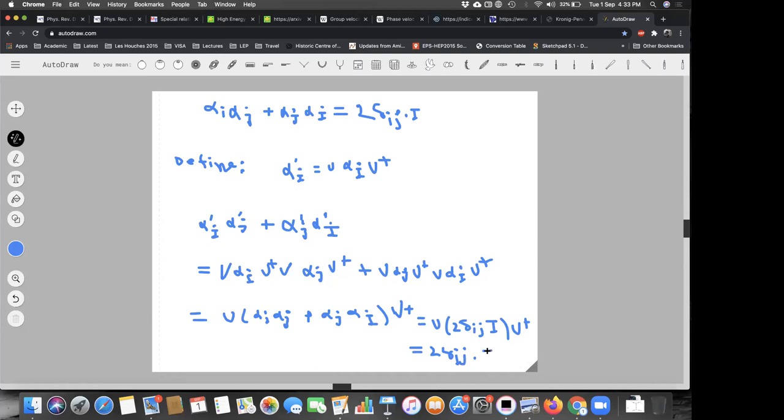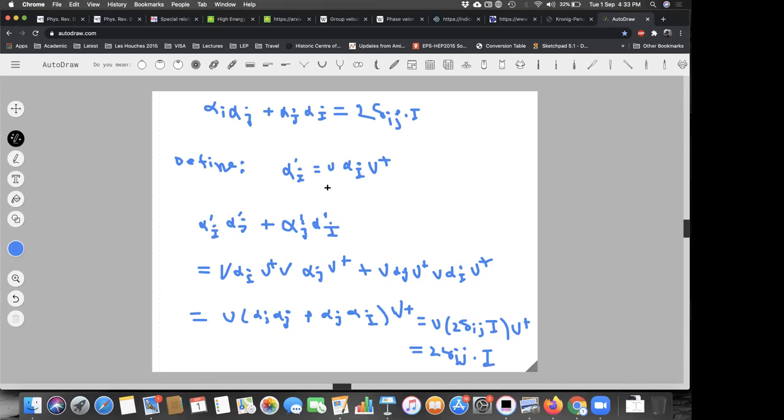U dagger U is identity, so U identity U dagger is also identity. So this alpha prime also satisfies the same anti-commutation relation, right? So if you can find one alpha i, by unitary transformation you can find another. All those alpha i's which are related by unitary transformation are actually solutions of this relation.